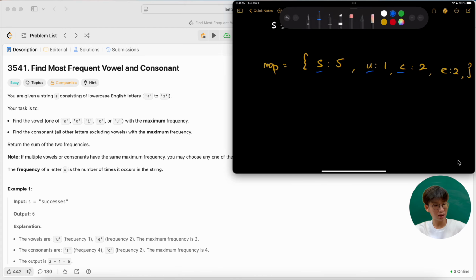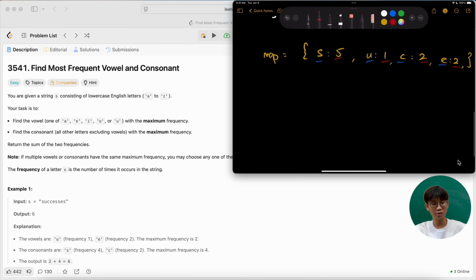U, C, and E are the keys representing the characters, while the 5, 1, 2, and also this 2 are the values representing their exact frequency and count.